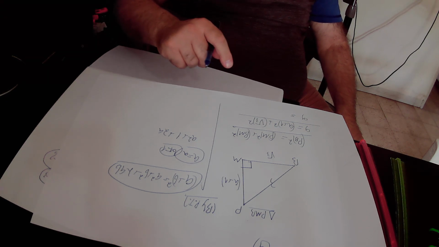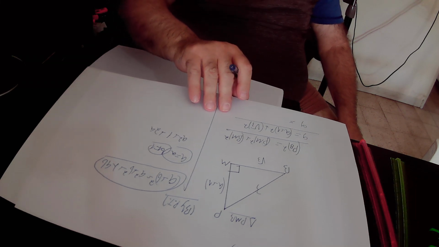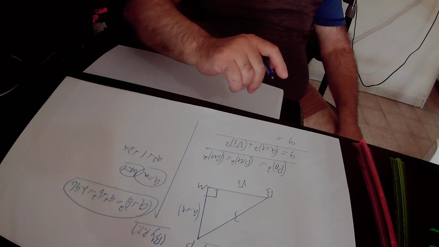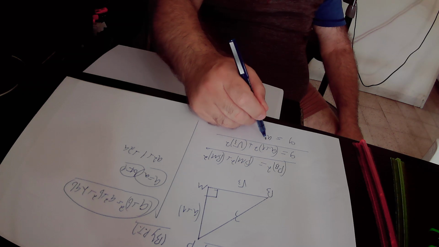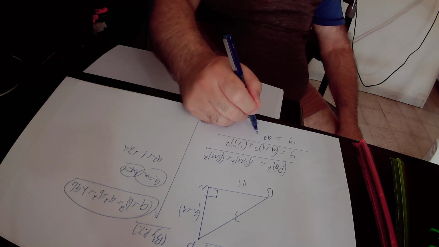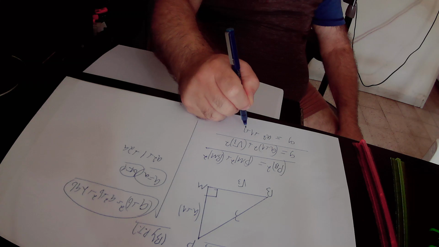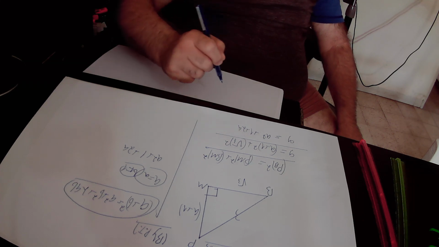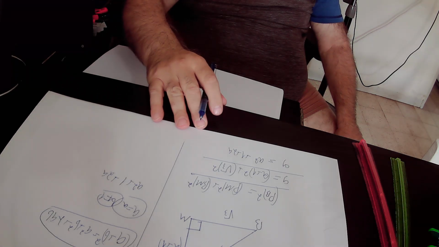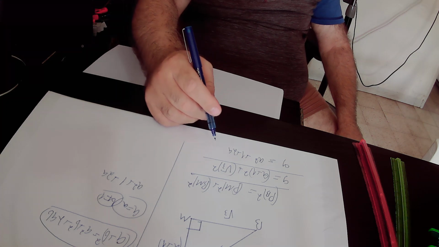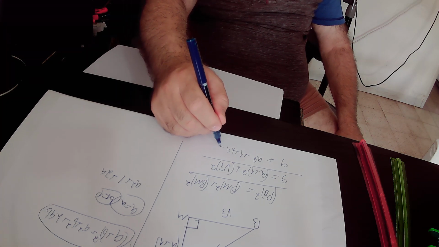So A plus 1 squared equals A squared plus 1 plus 2A, and the square root of 3 squared is 3.